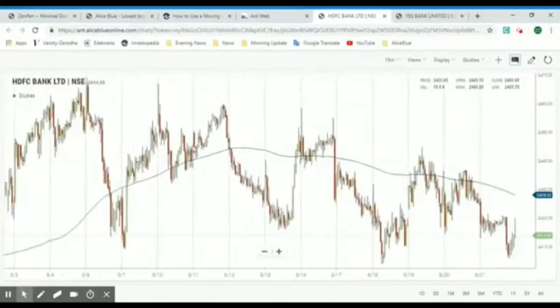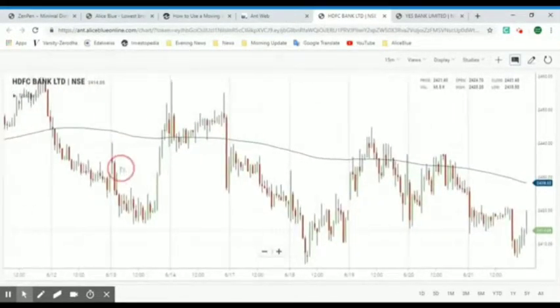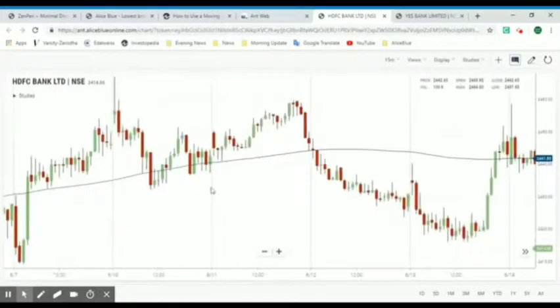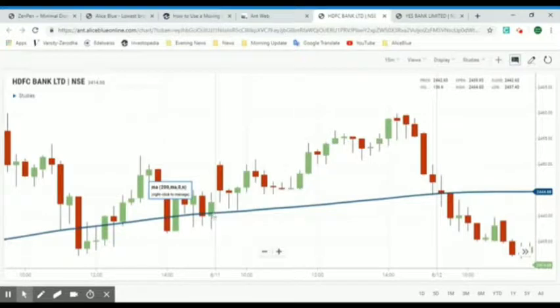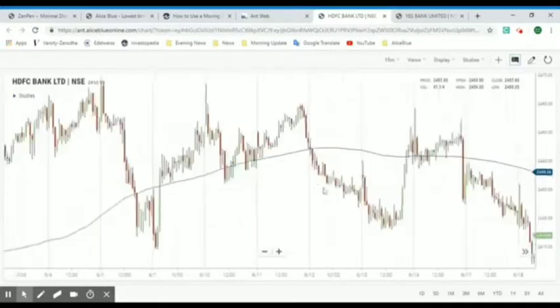Let's go closer. Here is the buy signal. The chart moves above, from here it's going up, it's in an upward trend, and it goes down here in the downward trend. However, the market is a little volatile and it's lying flat right now.